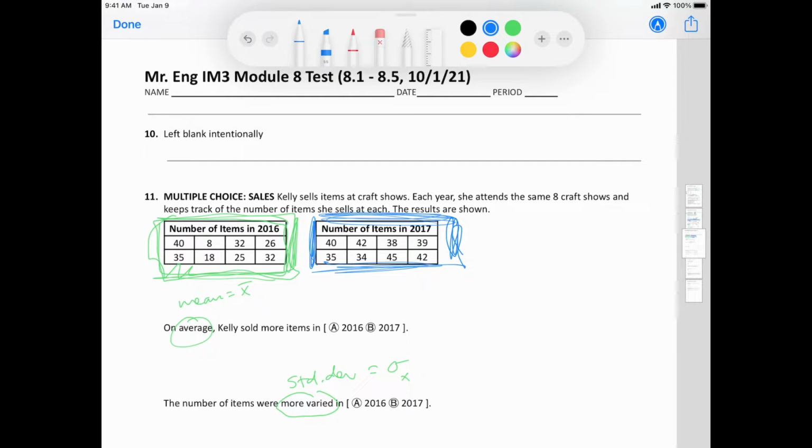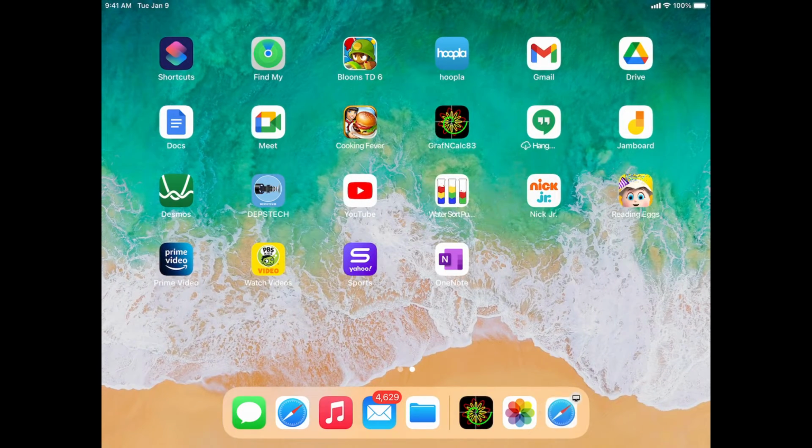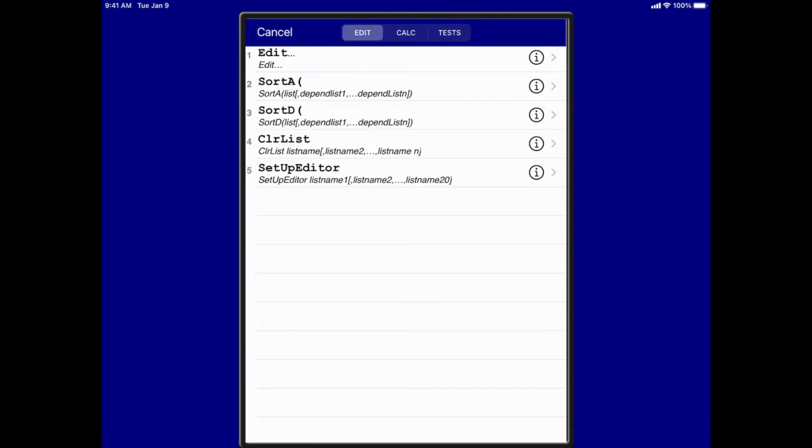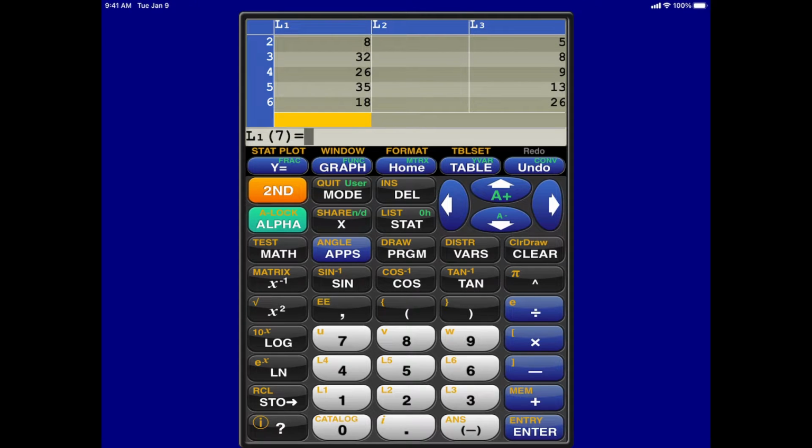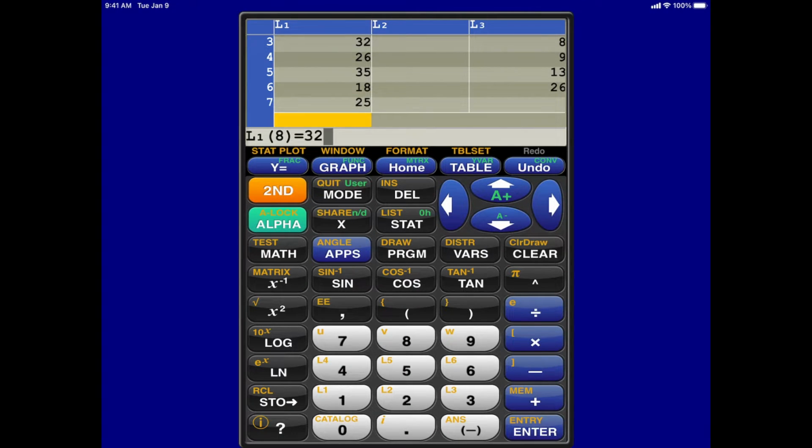Okay, so let's go ahead and punch those into our calculator. Stat, edit, and go up to 1 and press clear. And you can go up to 2, press clear, and I'm just going to enter the numbers, 48, 32, 26, 35, 18, 25, 32.